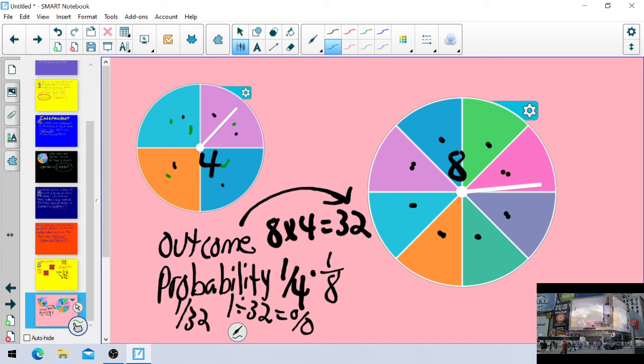And sometimes they might ask you for a percent. And then what y'all always do, you always use Google, or you pick up your cell phone and say something like this: Google, what is 1 divided by 32? And then Google says, oh, I don't know. Google, what is 1 divided by 32?